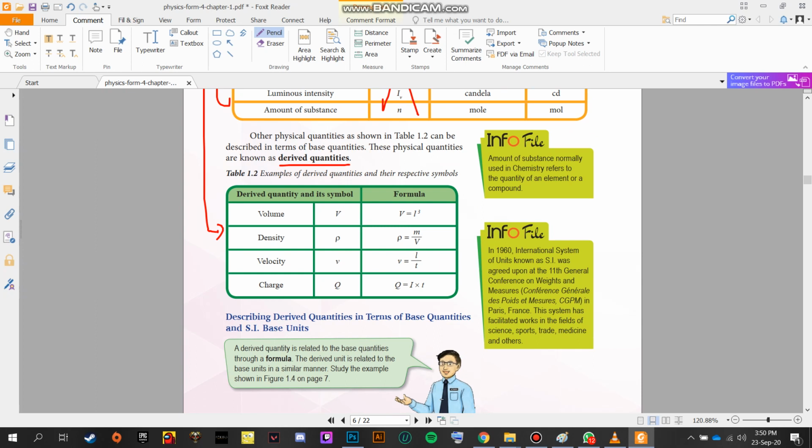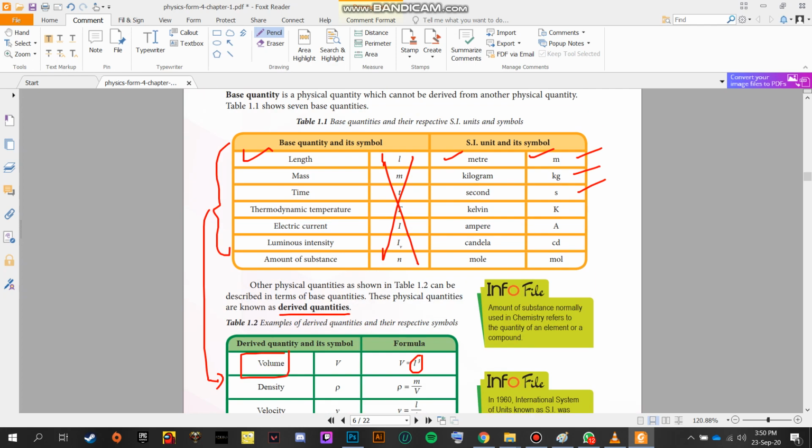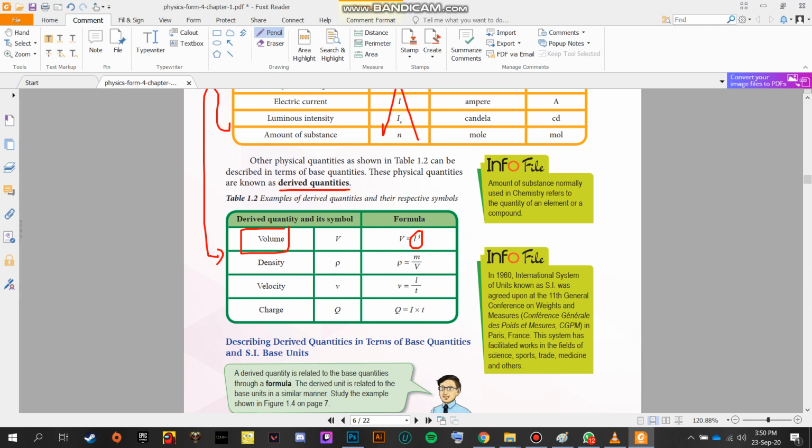An example of a derived quantity is volume, which is length times length times length, or meter times meter times meter. Density, which is mass over volume. Velocity, which is distance or length over time.